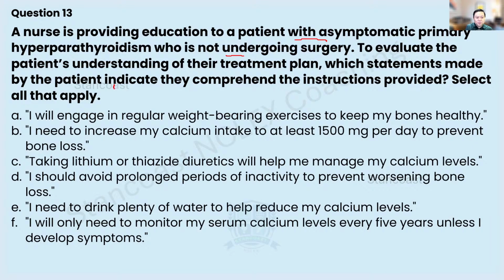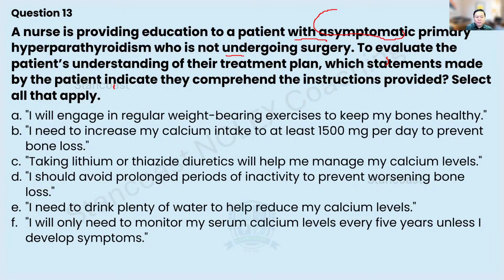So your patient here has asymptomatic hyperparathyroidism, that's good. They're not going to get any type of surgical procedure to remove their parathyroid gland either. So you as a nurse, you're going to evaluate their understanding about their treatment plan. So which of those statements made by the patient indicate that they understand the instructions provided to them?